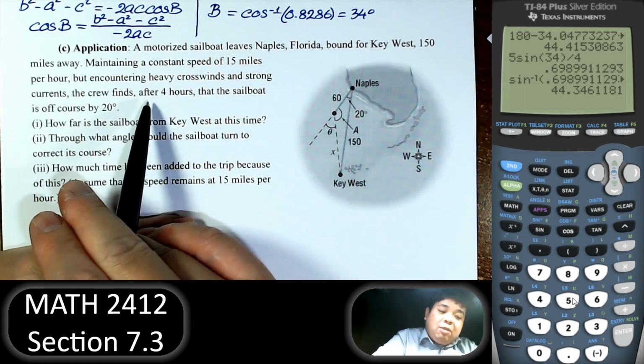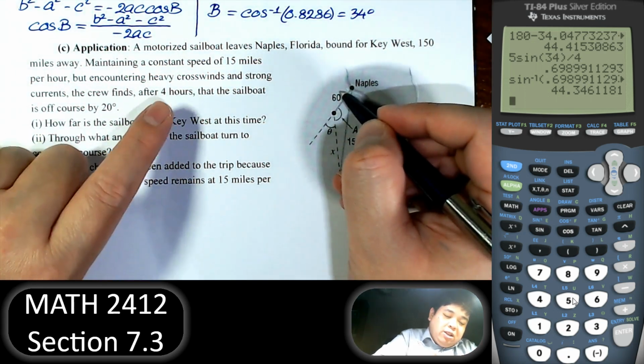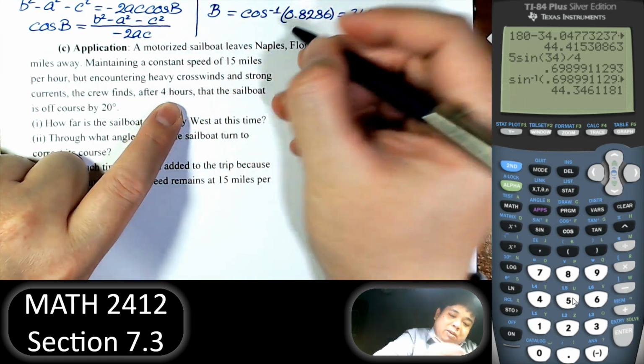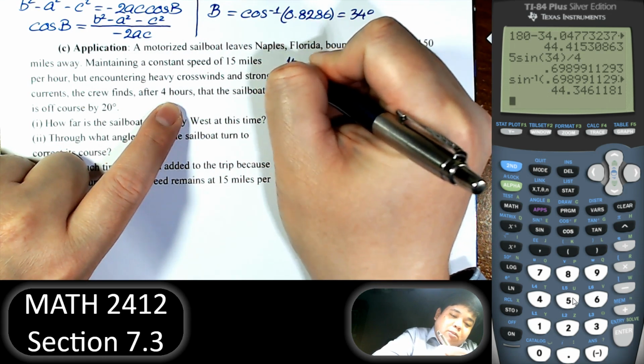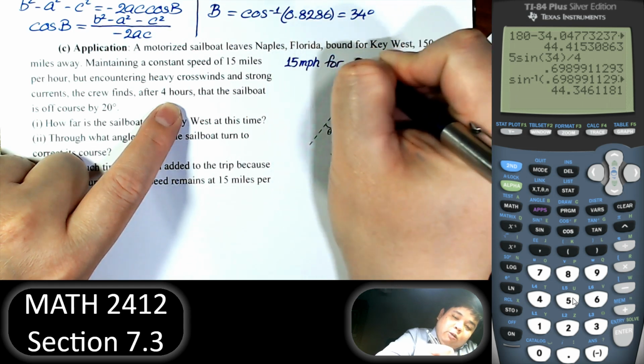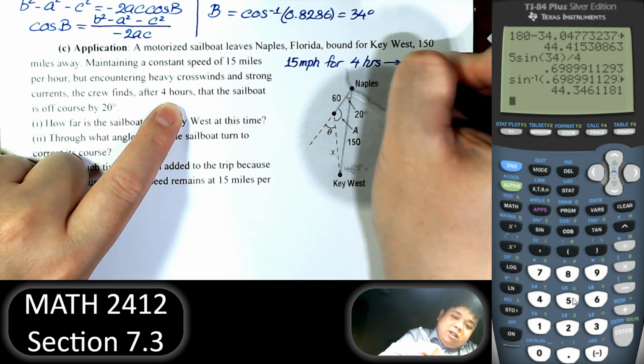The crew found out after 4 hours. Of course, that's where it travels 4 hours at 15 miles per hour. Of course, that gives us 60 miles, right?